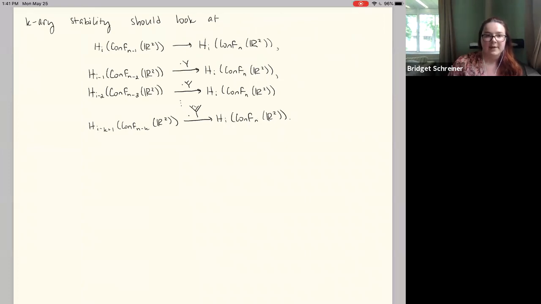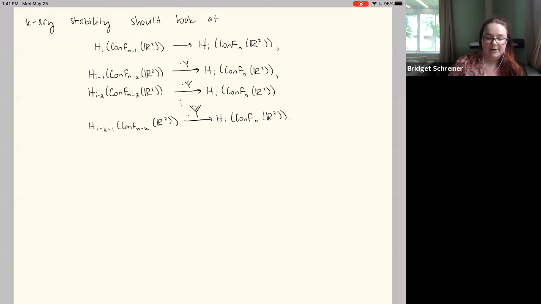And then to bump this up to K-area stability for a general K, we should look at the collection of maps from H_{i-j+1} of configurations of n-j points, where j ranges from 1 through k.